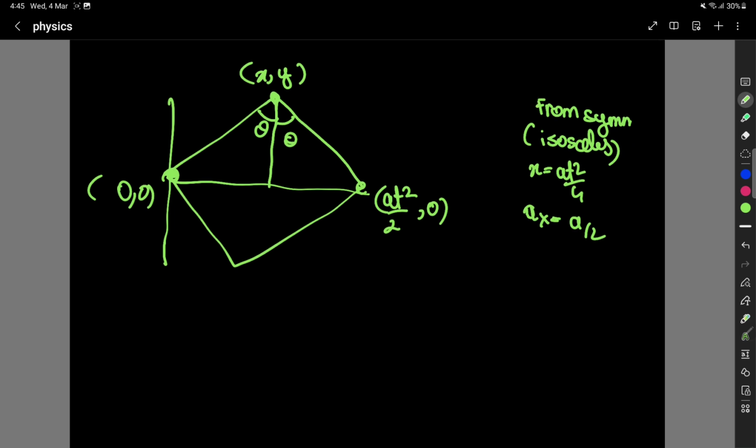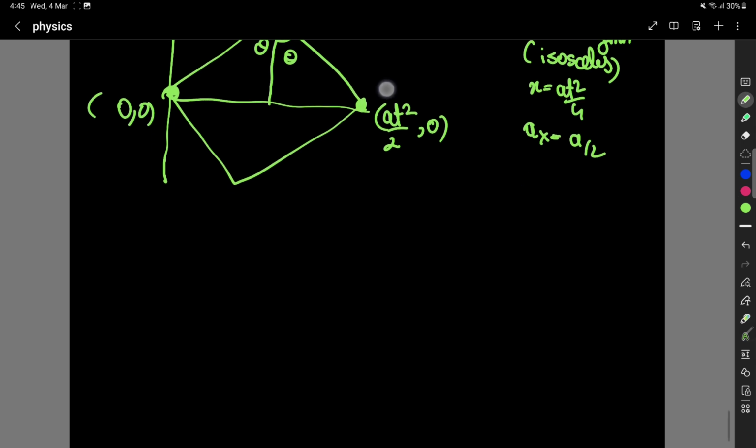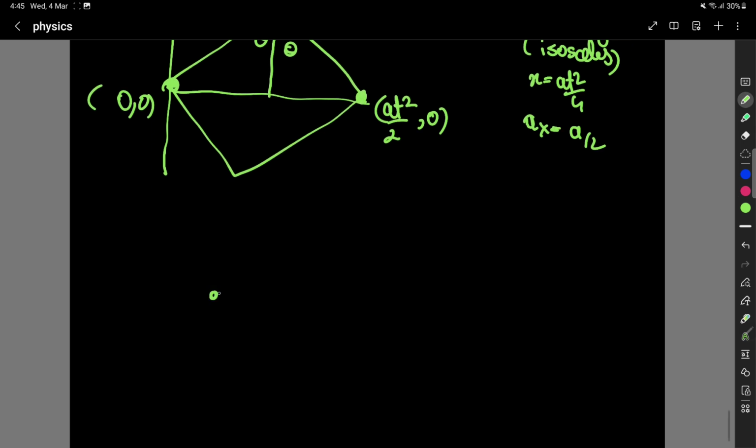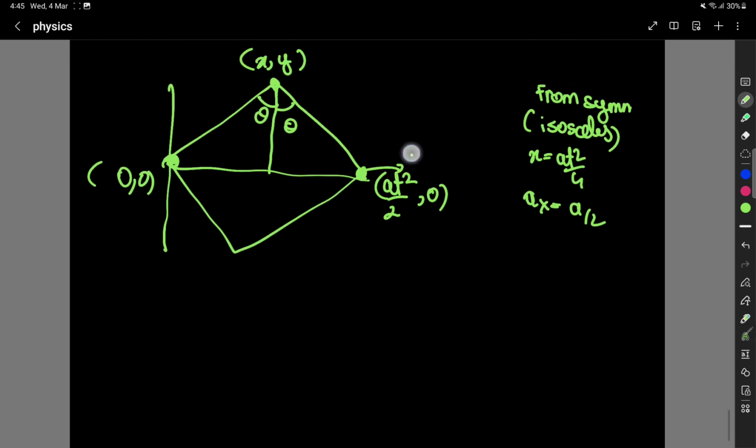So by assuming this, we have this one moving with speed v is equal to at, and let this move with vx and vy.